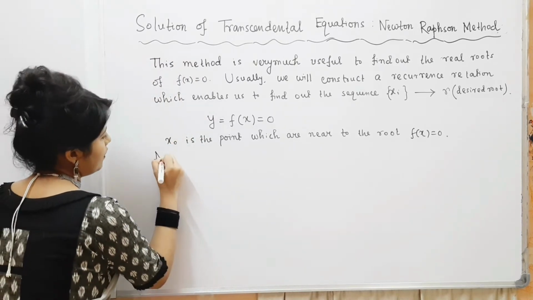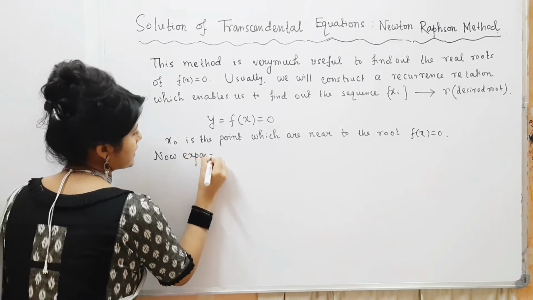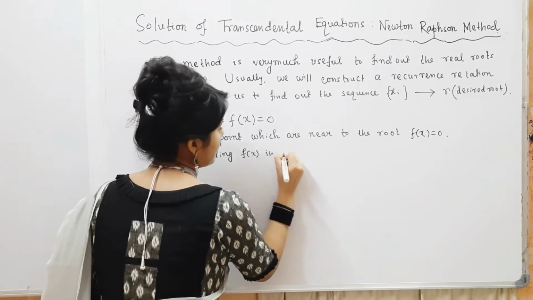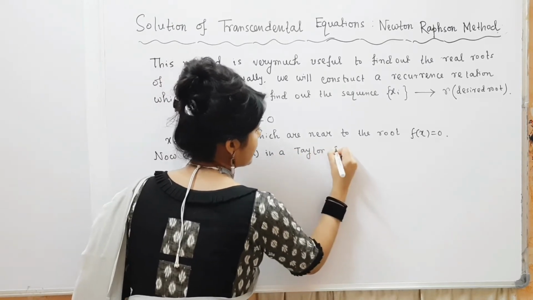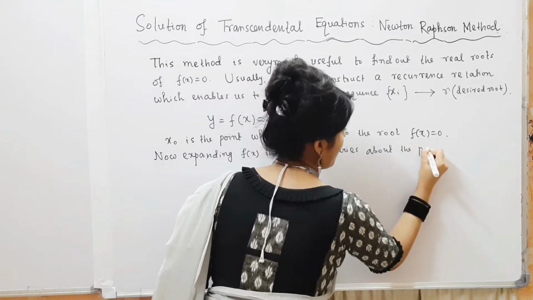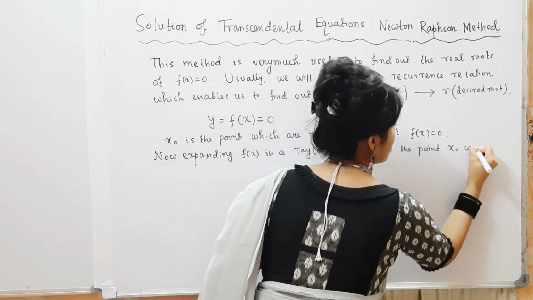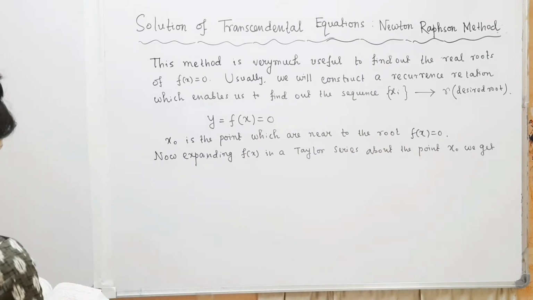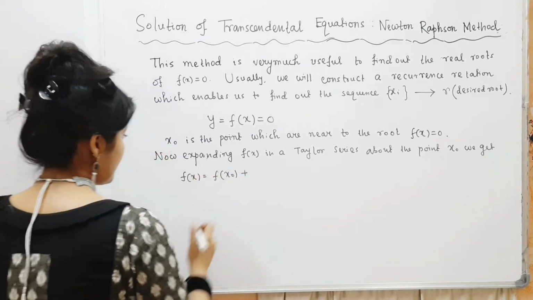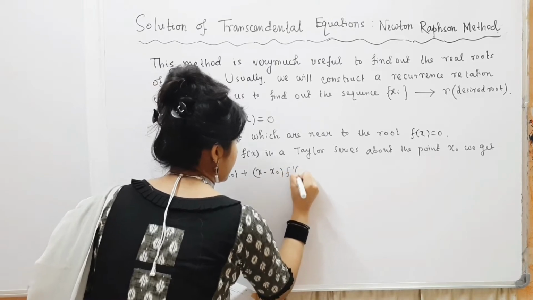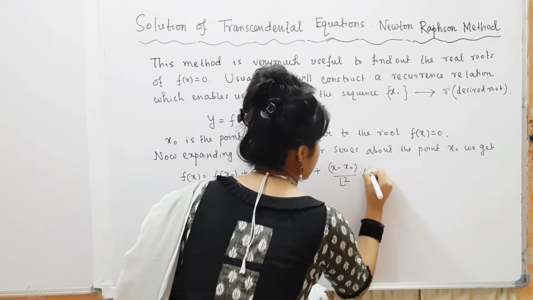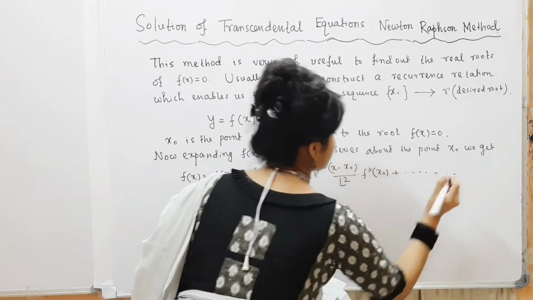Expanding f of x in a Taylor series about the point x0, we get f of x equal to f of x0 plus x minus x0 into f dash x0 plus x minus x0 whole square by factorial 2 into f double dash x0 plus up to dot dot.